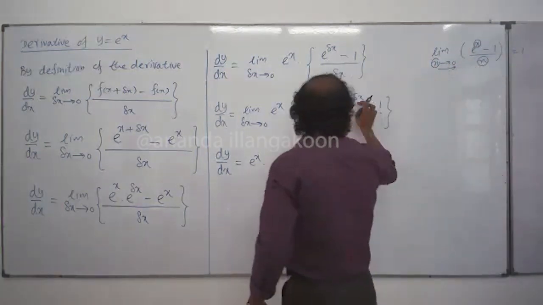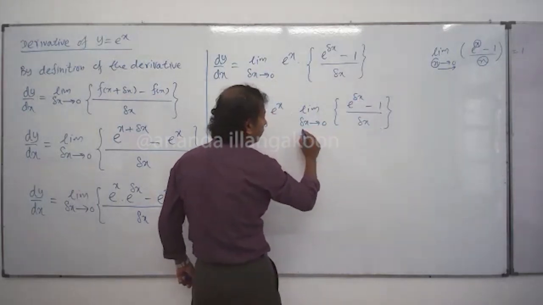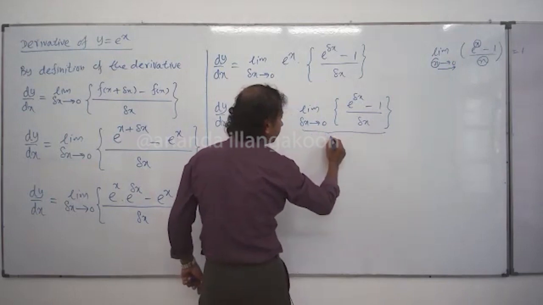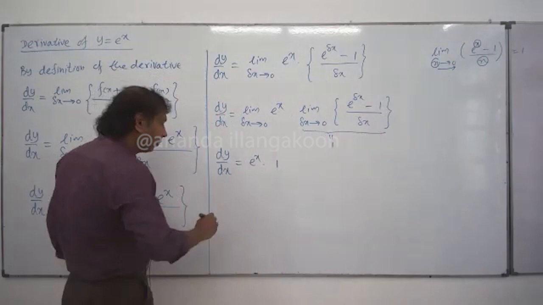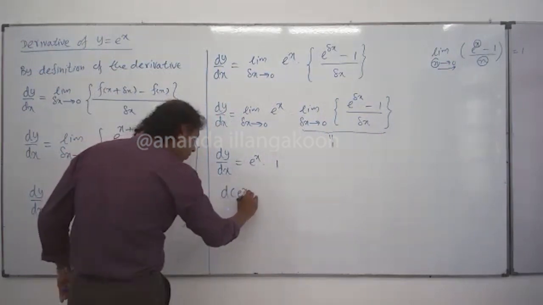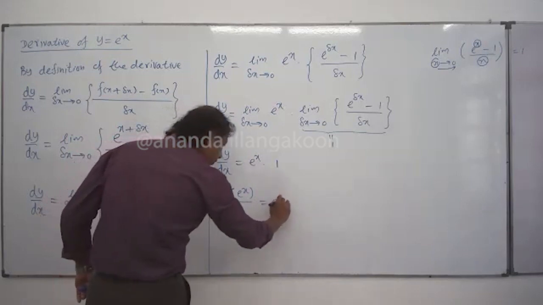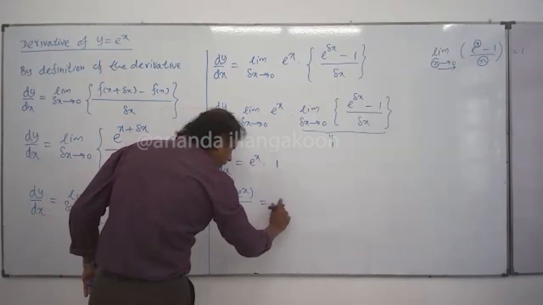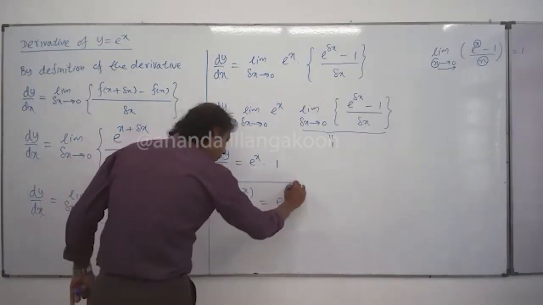Therefore e to the power delta x minus 1 divided by delta x, with delta x going to 0, is 1. Then this is e^x into 1, that is nothing but e^x. So the derivative of e^x with respect to x is the same e^x. Same e^x, right? So the derivative of e^x is e^x.